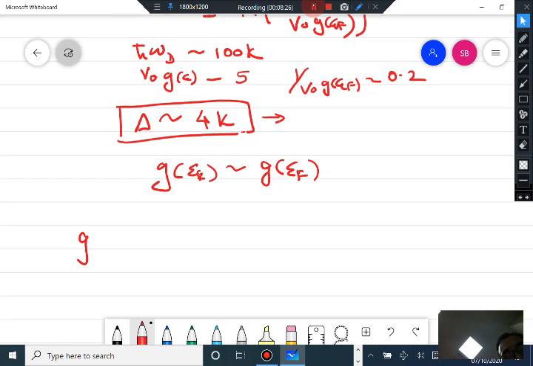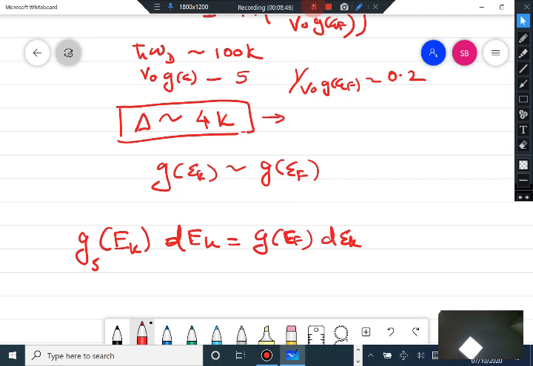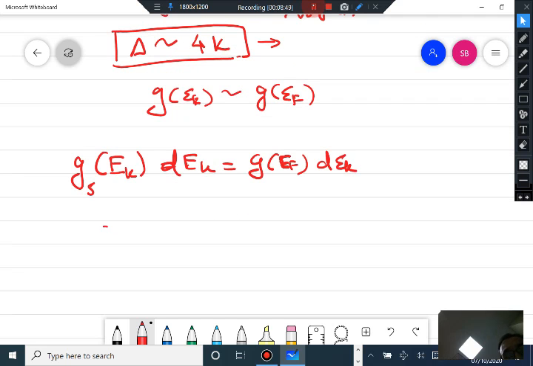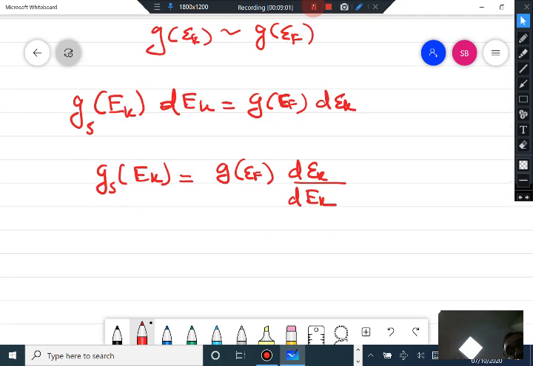Okay, now G of Ek in the superconducting state, Gs of Ek dEk is equal to G of Ef into dEk. So in the superconducting state, Ek is equal to G of Ef dEk by dEk.